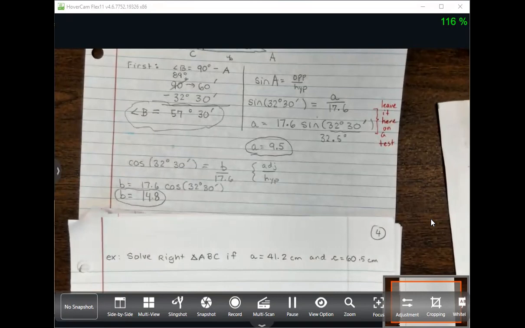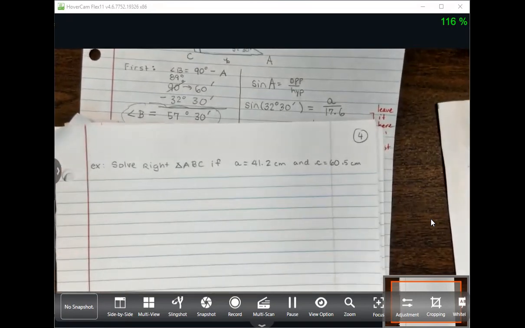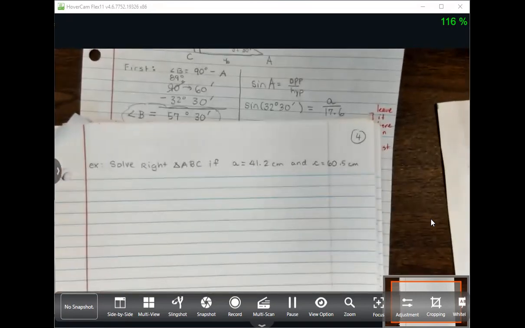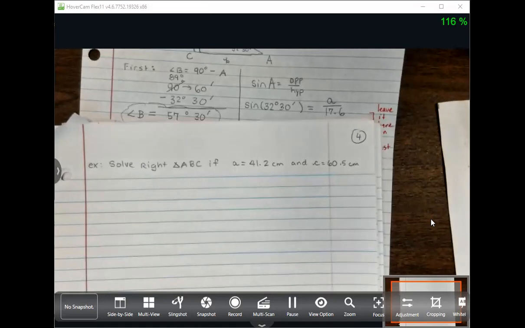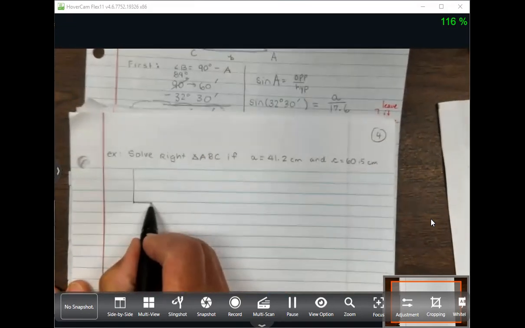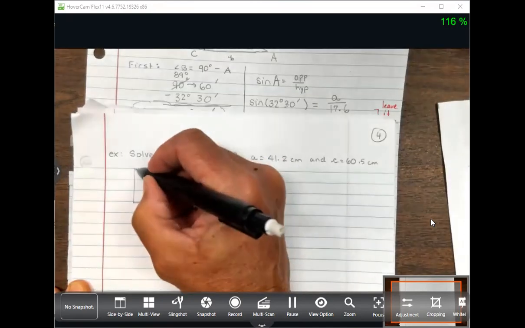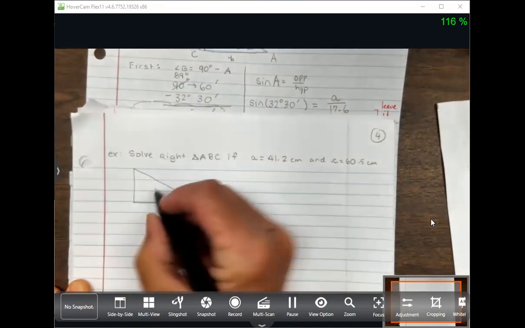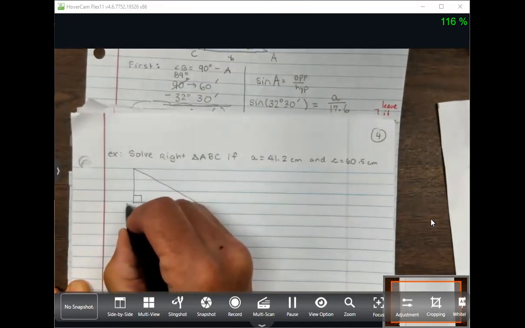When it's stated this way, just get in the habit of drawing angle C as the right angle. And then I don't care where you put the A and the B. So angle C is always the right angle.